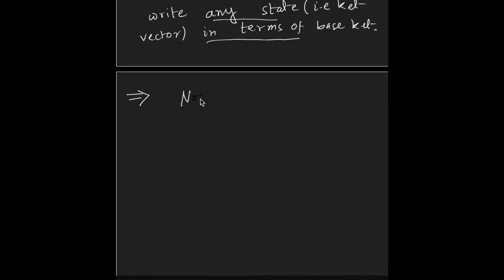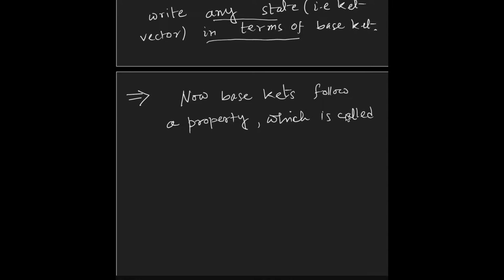Now these base kets follow a property which is called completeness or closure. Now what is completeness?